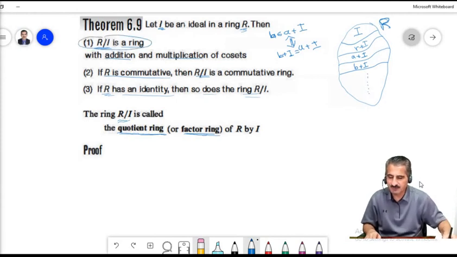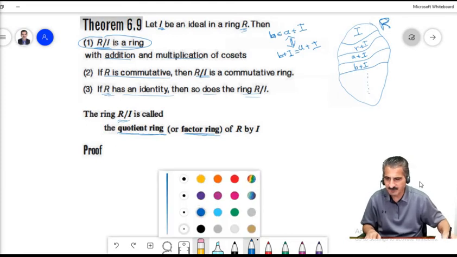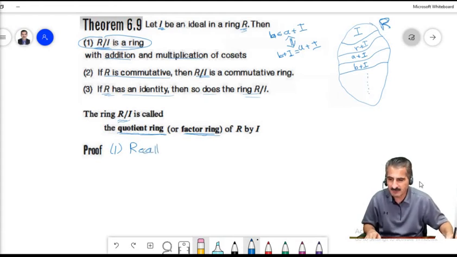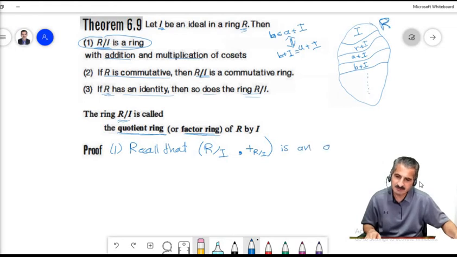So to prove one, recall we learned previously that R over I, with the addition of cosets, is an abelian group.